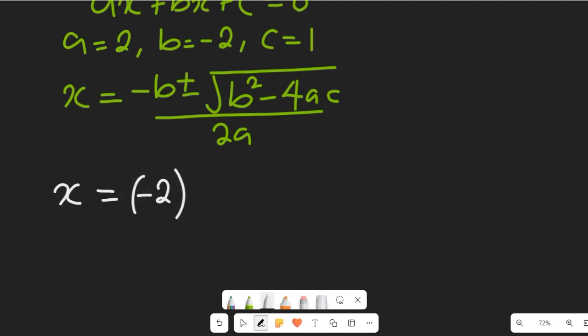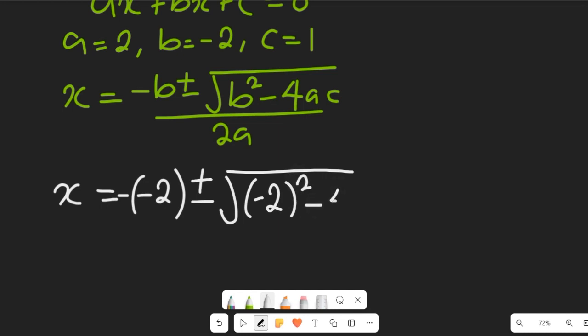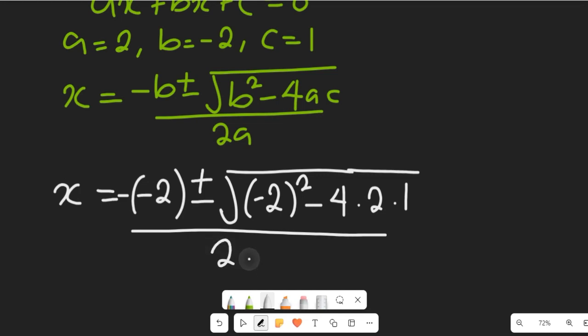All multiplied by a negative, plus or minus the square root of negative 2 squared minus 4 multiplied by a, is 2 multiplied by 1, c is 1, and all this will be divided by 2 multiplied by 2.